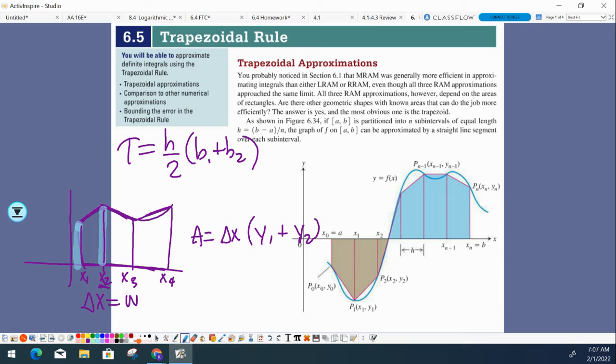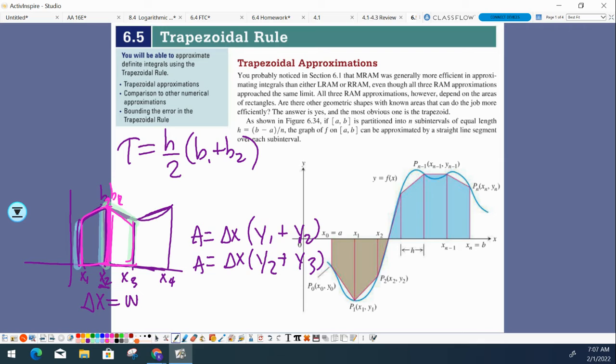Then when I go to the second trapezoid, that area is still going to be the change in x, but now we have this x2, we find our y height plus y3 here. This height is both base 1 for this trapezoid, and it's also base 2. I said that backwards. This is base 2 for this one, and then base 1 for this one.